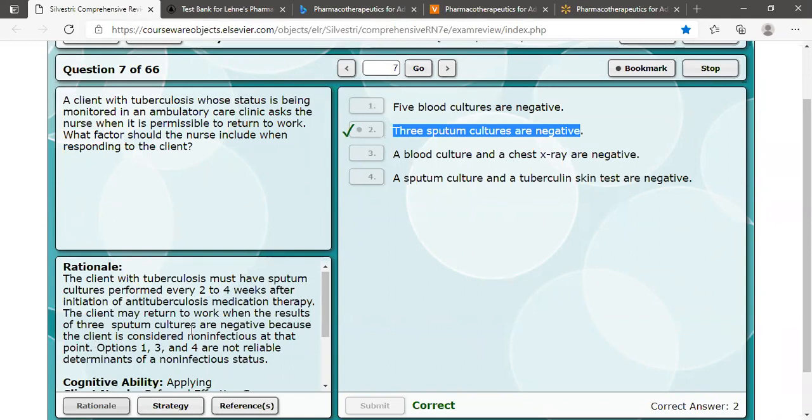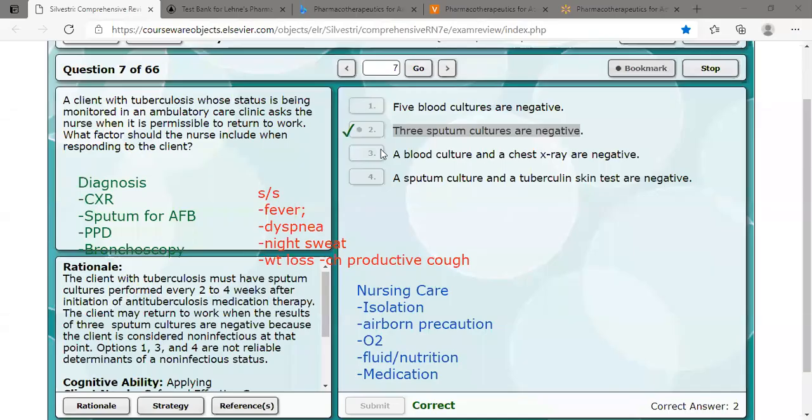And also, when a patient has TB, what are the nursing interventions? Let me explain. The most common signs and symptoms of TB: sometimes TB is asymptomatic, meaning the patient is positive for Mycobacterium TB, acid-fast bacilli positive, but does not have any sign or symptom. We call that asymptomatic.